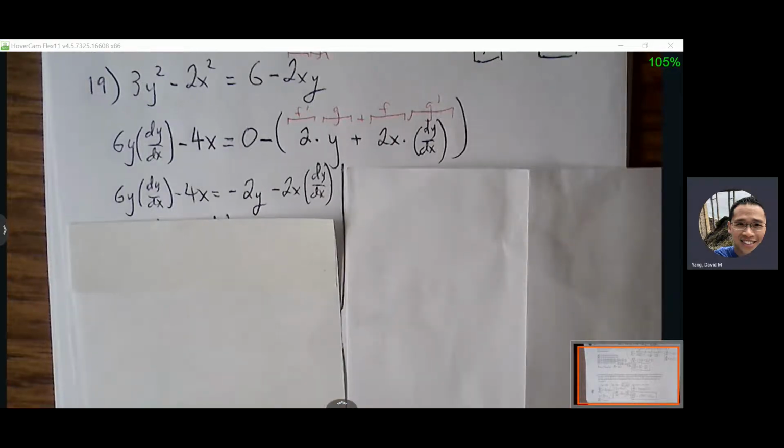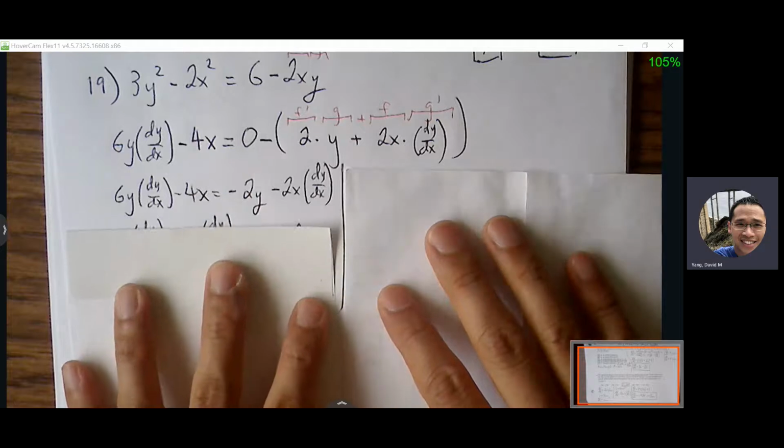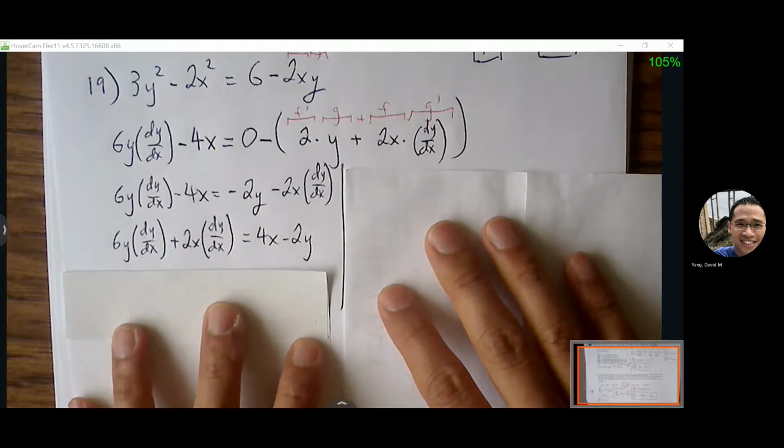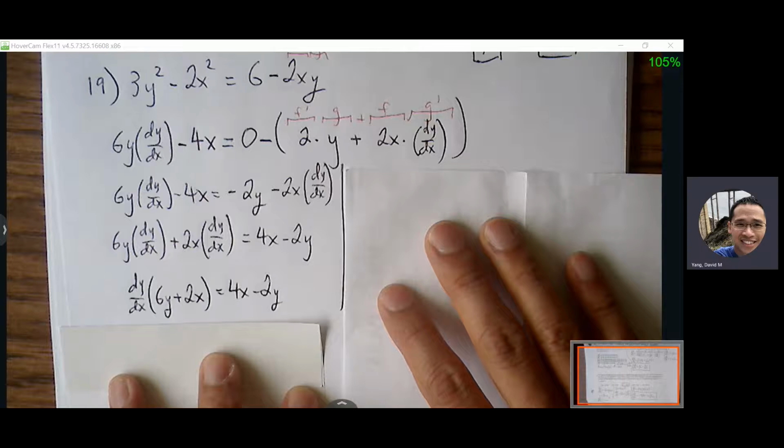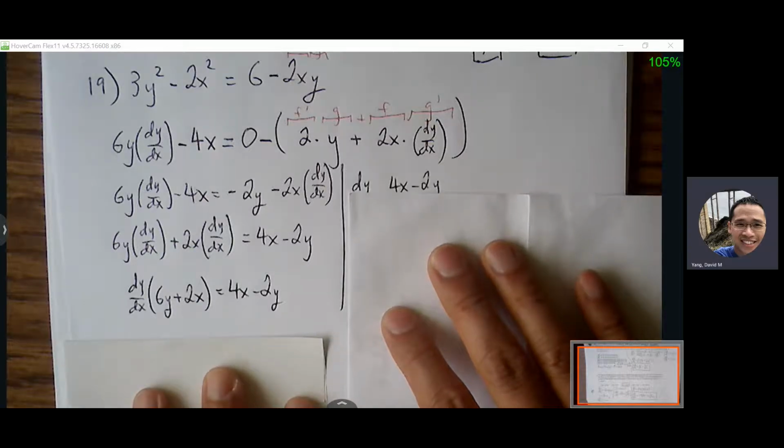Distribute the negative through, and then our next step is to try to group all the dy dx terms together. So let's put all the dy dx terms on the left side and everything that does not have dy dx, move it to the right. Factor dy dx out, and then divide the parentheses over to the right side.